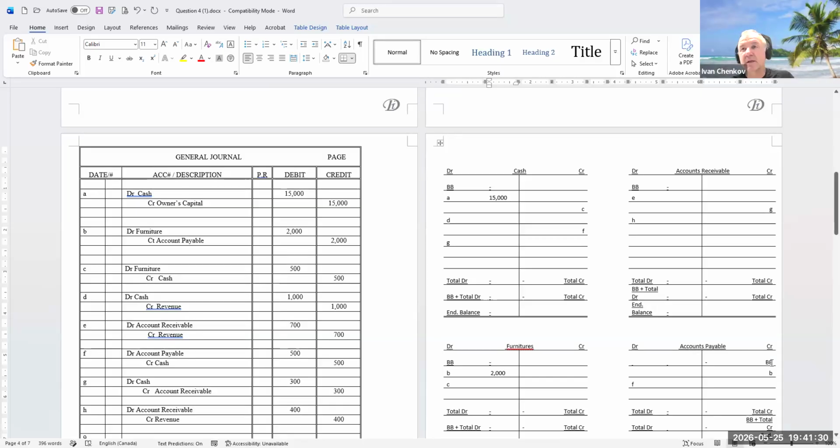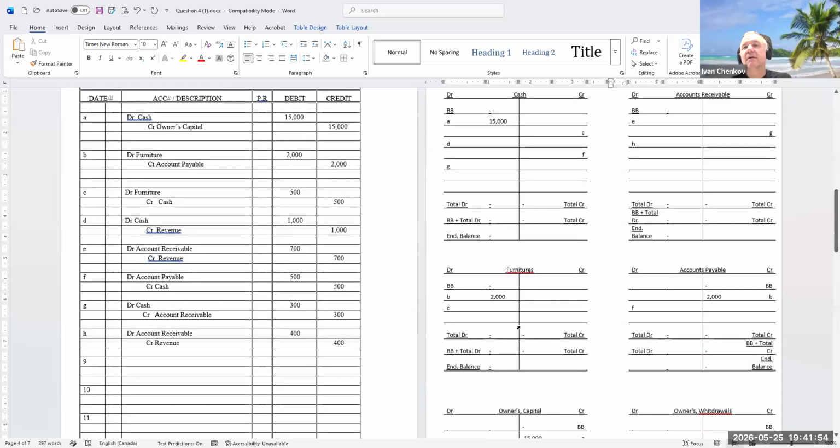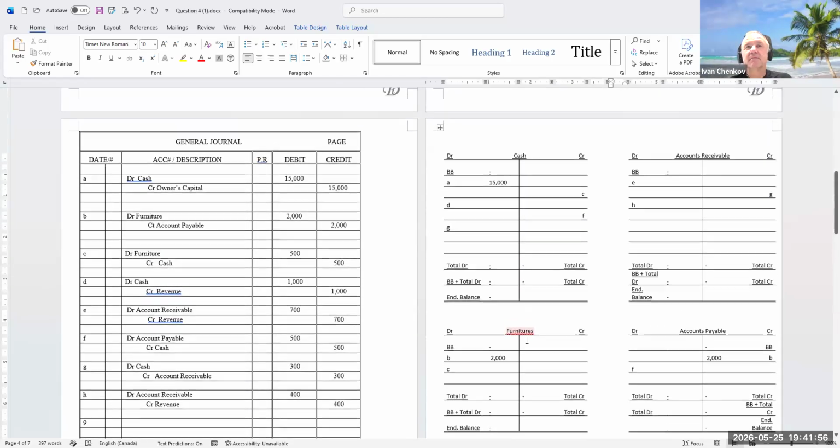Normal balance is credit, so that's why the beginning balance is always going to be on the credit side. And what we're going to do is add a letter B on this side, the $2,000. And we are done with this. We have 2,000, 2,000, 15,000 on the debit side, 15,000 on the credit side.